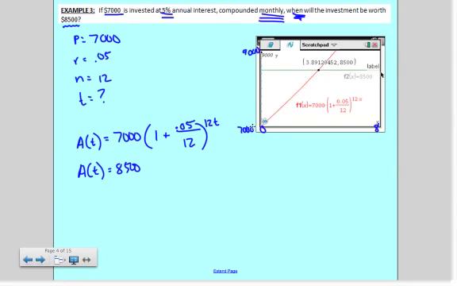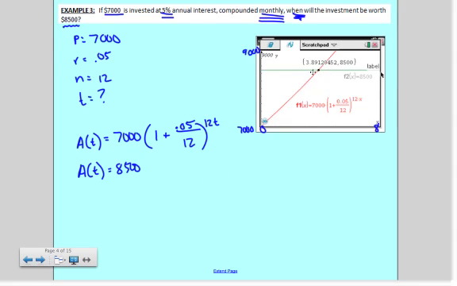Now, why did I pick 7,000? Well, if you look at your original equation, you're starting out with $7,000. Wouldn't it make sense that your money's going to grow from that point? So it doesn't make sense to start higher than that, but it doesn't make much sense to start much lower than that either, because you're going to be growing. This is increasing your money.